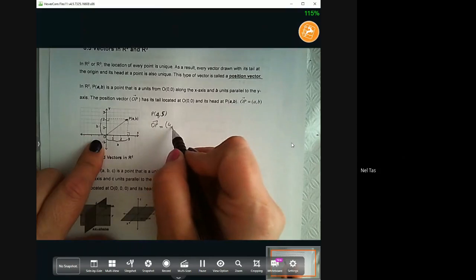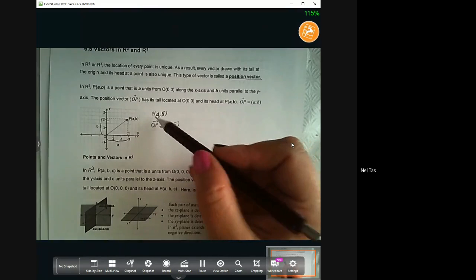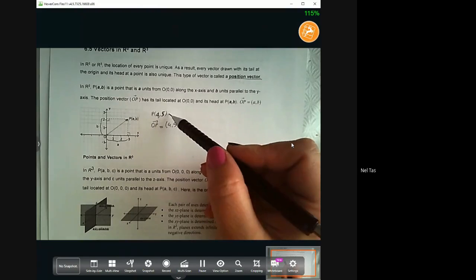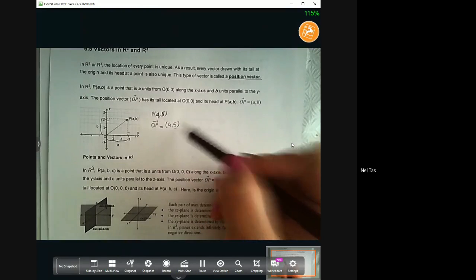And we also say that the OP vector has coordinates (4, 5). So don't get confused with these two, because we use the same notation, except this one is saying that this is a point, and this one is saying that this is a vector.